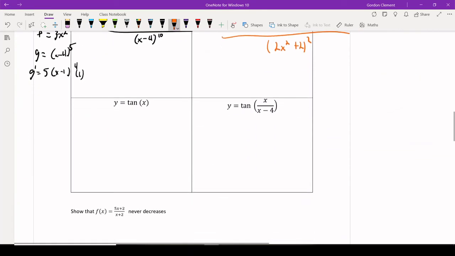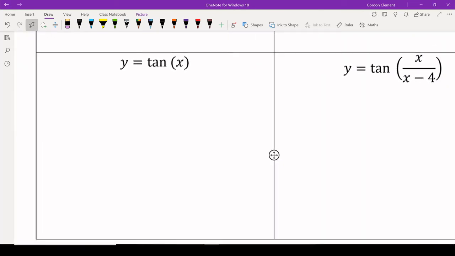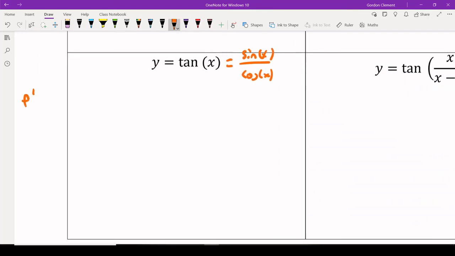All right, so there's our first 2 examples here. The third one just says y equals tan, and that's my hint that now that we know the quotient rule, we can actually get a nice formula for the derivative of tan. We don't have to go to first principles, we don't have to look up weird trig identities or anything like that. We know tan is sine over cos. So f is sine of x, f prime is cos of x.